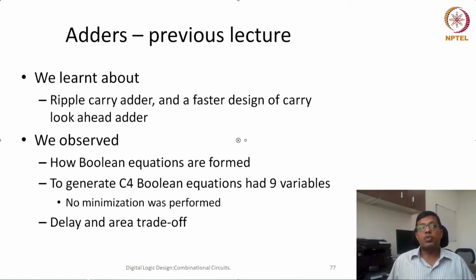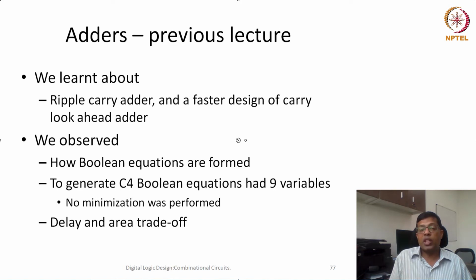The other thing we have learned from the previous lecture is that there is a trade-off between area and delay. A ripple carry adder is very small in area, but if we keep on adding more area, for example if we use a carry look ahead adder, the delay would reduce. To further reduce the delay, we can use a 2-level CLA or multiple-level CLA.